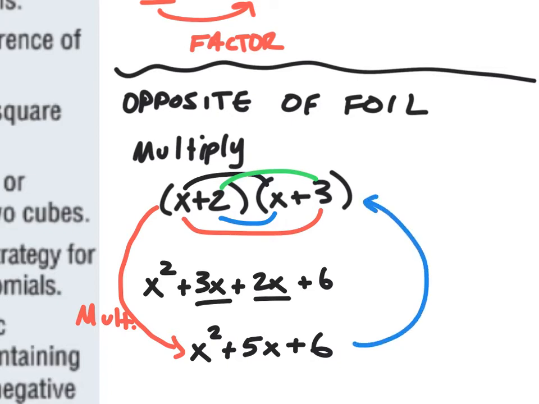This is going to allow us to factor, and it's the opposite of FOILing. That's essentially what we're doing in this section: we're going to go from this trinomial and bring it back to the product of binomials.